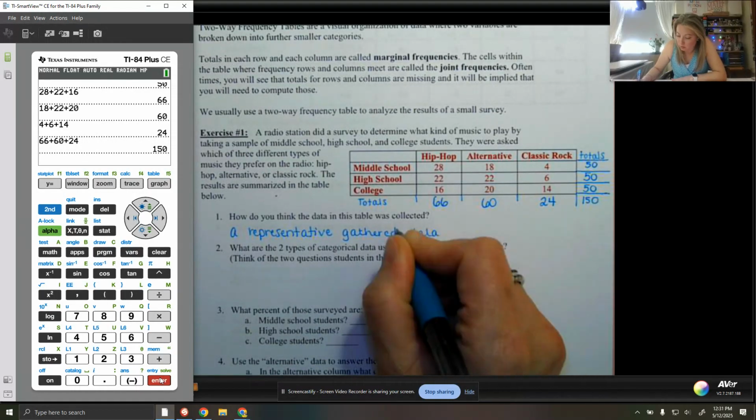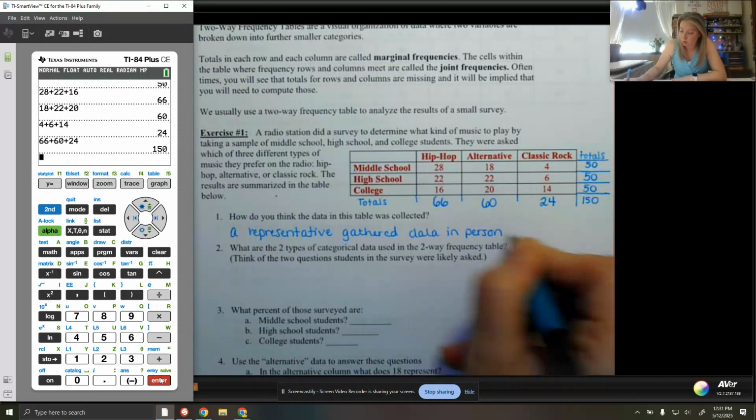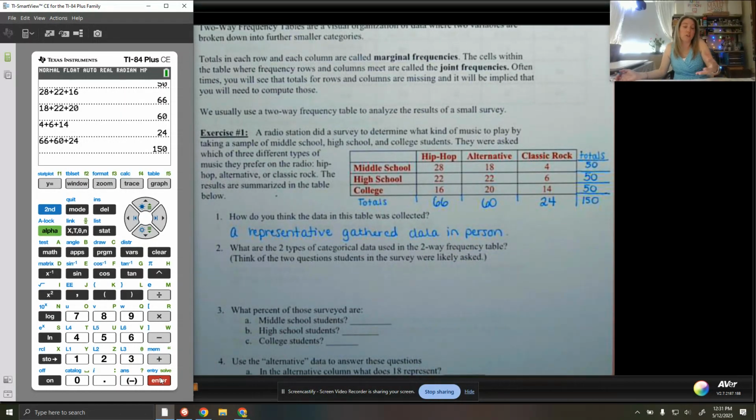That's what I think. I could be wrong. There could have been an online survey that closed out at 50 people. I just feel like you're more likely to get to your exact number nice and quick when you have to be in person, counting down to that 50th person you run into.